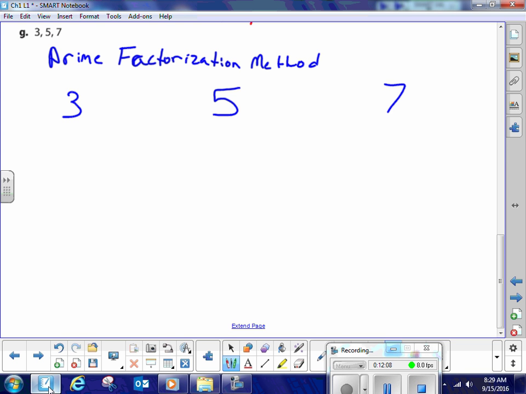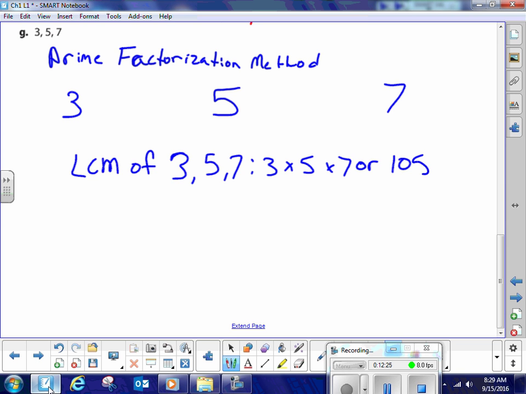Okay, so all you have to do now is take the least common multiple of 3, 5, 7, which is 3 times 5 times 7, which is equal to 105. Because 5 times 7 is 35, and 3 times 35 is 105.